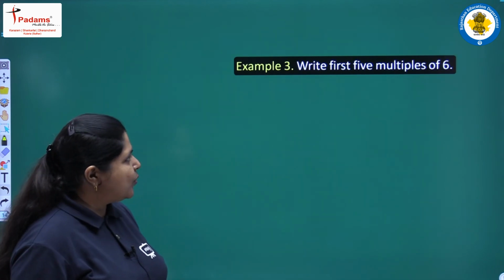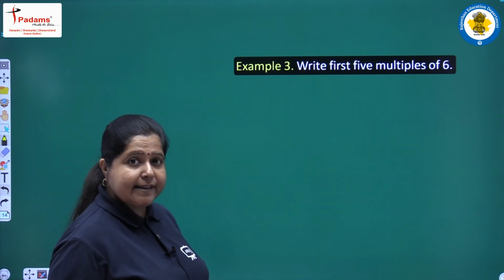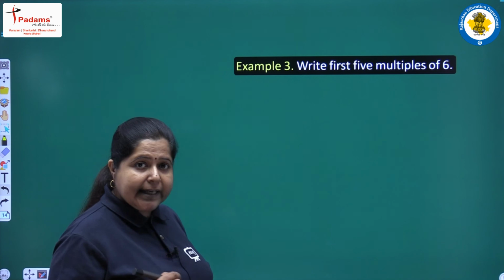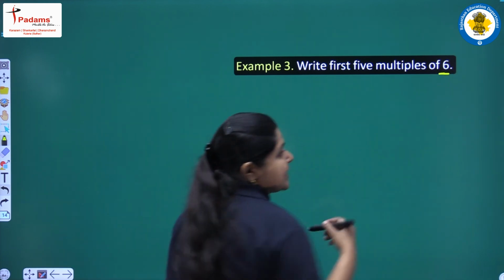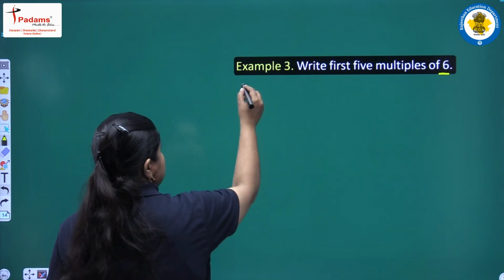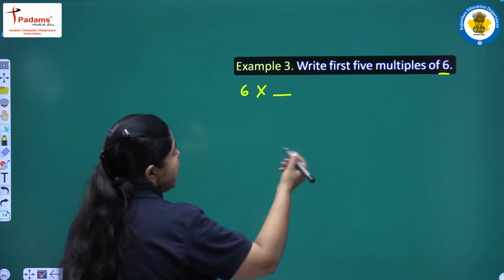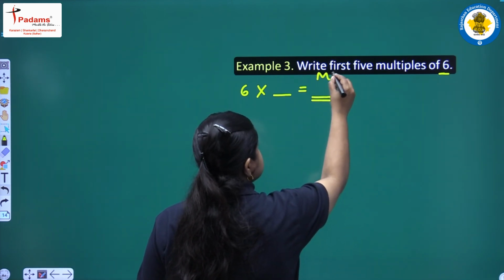Then we have one more example with us. Write the first 5 multiples of 6. What do we mean by multiples? The number that we get on multiplying 6 by some other number. So, 6 we have to multiply by some other number, and the answer that we will get, it will be the multiple.